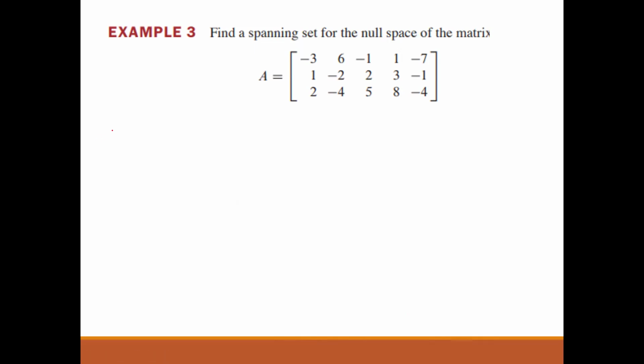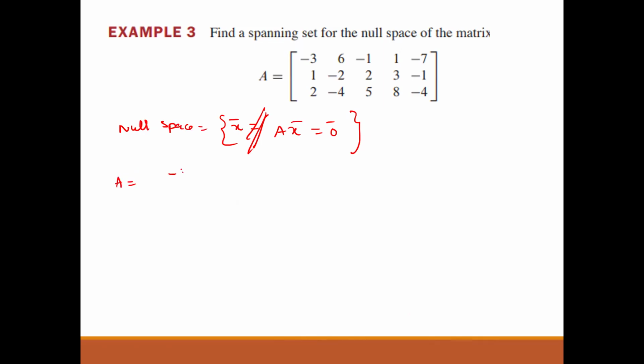You all know what is null space. Null space is nothing but the set of all x such that Ax is equal to 0 bar. Okay. So here A is already given. What is your A here?